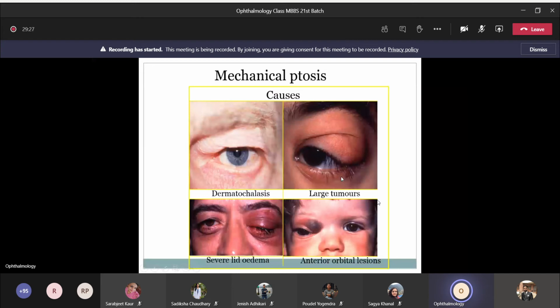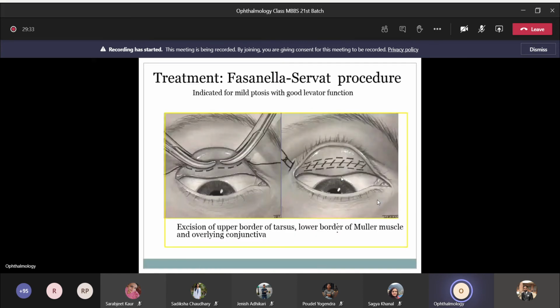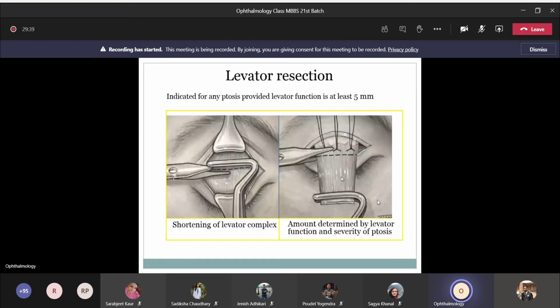Now coming to treatment. Fasanella-Servat procedure is indicated in case of mild ptosis with good levator function. And levator resection is indicated for ptosis with levator function of at least 5 mm.